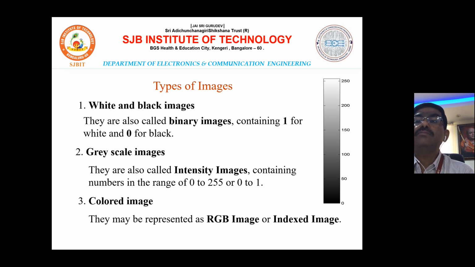And the last one is the color image. This may be represented as an RGB image or indexed image. Each component, red has 0 to 255, green also 0 to 255, and blue also 0 to 255. This range of combinations of colors is available in these indexed images.